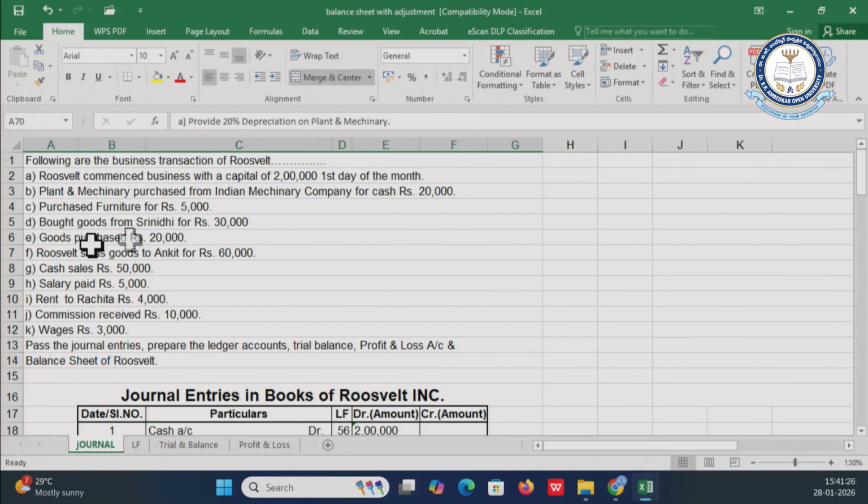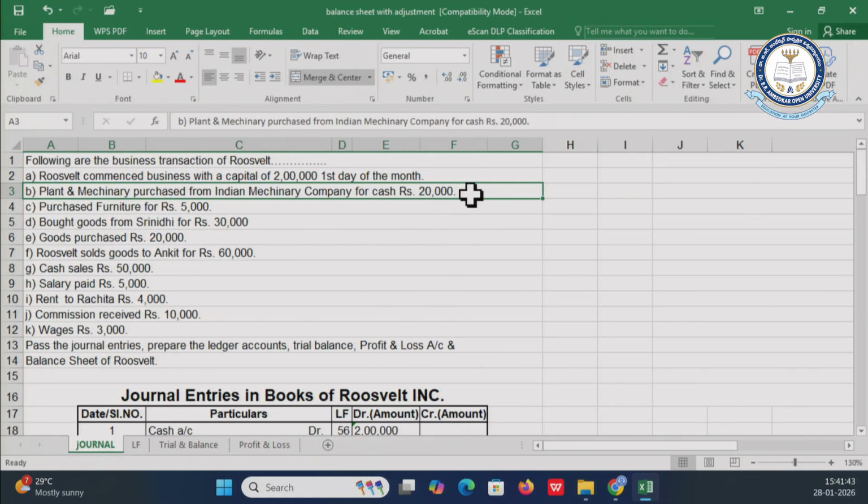What is plant and machinery bought or existing in the company? Look at this. Here in the problem, Roosevelt purchased plant and machinery for cash for 20,000. So 20,000 is the worth of the asset, and depreciation provided is 20%.